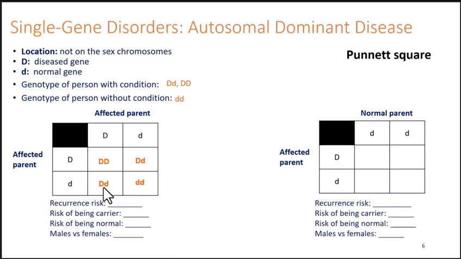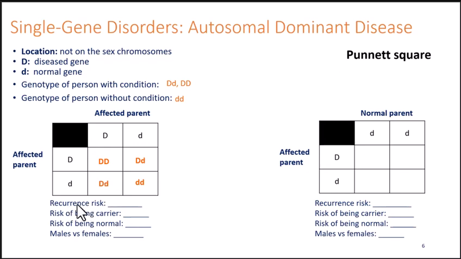And the reason it's written in this order and not, say, the small d first is just because this is a more common way to display it. So now, of these 4 possibilities, we're going to find out what the chances are of an offspring inheriting certain genotypes.